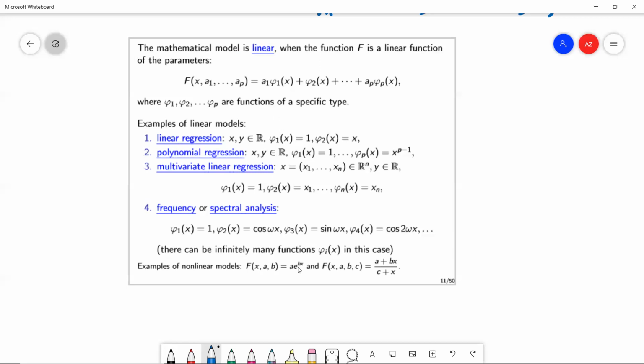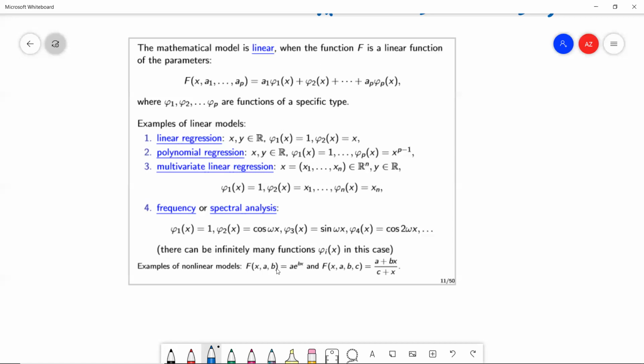And here is an example when the model wouldn't be linear. So if f of x, a, b is a times e to the power of bx, this is not a linear model, because, okay, a still appears like here, but phi of x, this e to the power of bx, is not a function of x solely, but also of this second parameter b.